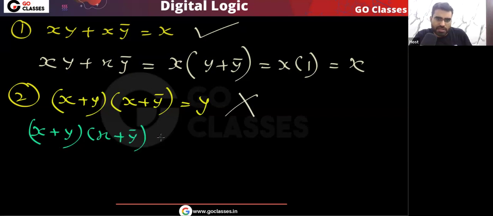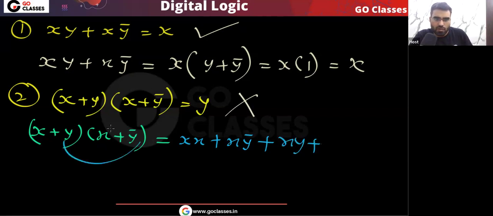This actually will be equal to x, because you can apply the distributive law. So you will get x and x, or x and y bar, or y and x, or y and y bar. Now this y and y bar is 0.